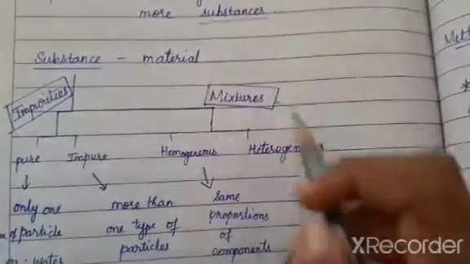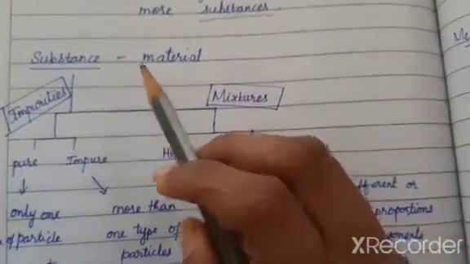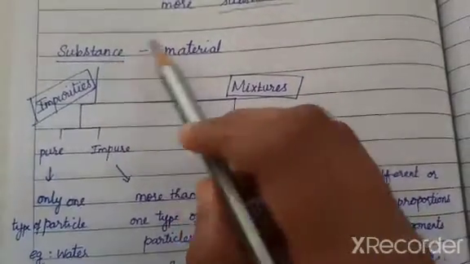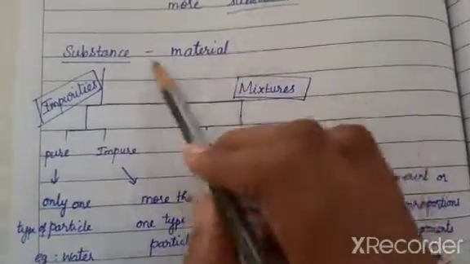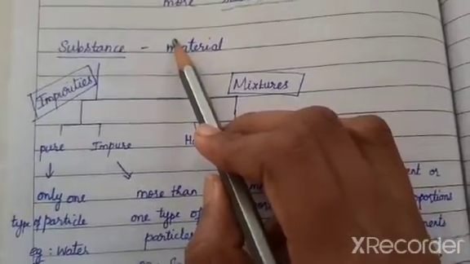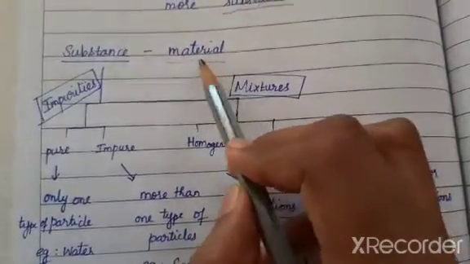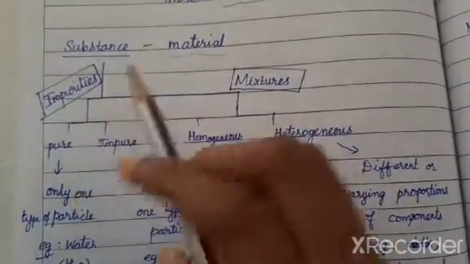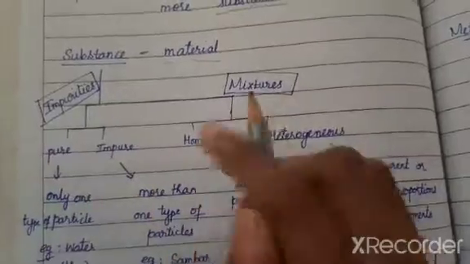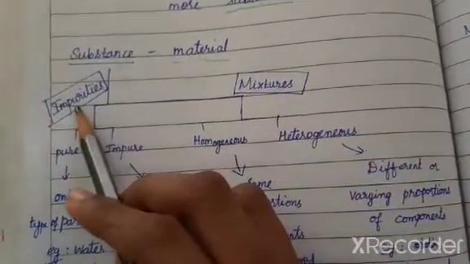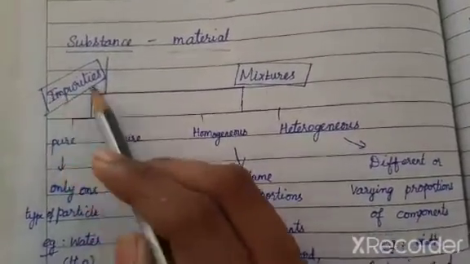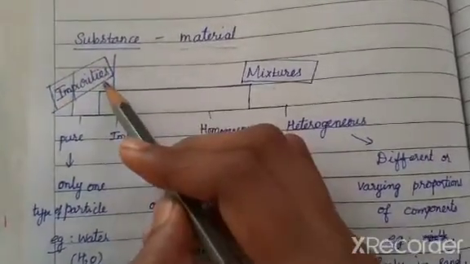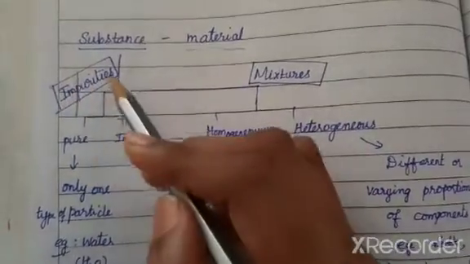Now, what are we going to separate? In this chapter, the word substances relates to material. What kind of material is it going to be? In chemistry, what type of material are we going to learn about? It is about impurities and mixtures. What is meant by impurity? The word itself tells you. When I segregate it as impure, it is not in its pure state.